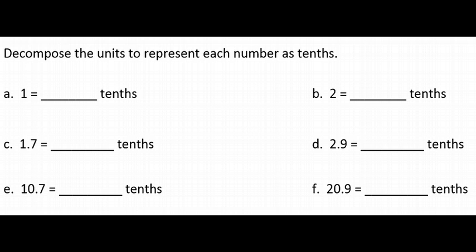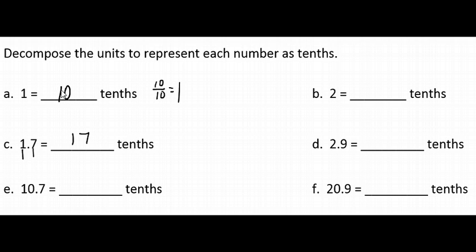Next, we're going to decompose the units to represent each number as tenths. If I have 1 whole, that's the same as 10 tenths. In fraction form, that would be 10/10. So 10 tenths is equal to 1 whole. If I have 1 and 7/10, that means I have 10 tenths for my 1 whole and 7 more tenths, for a total of 17 tenths.